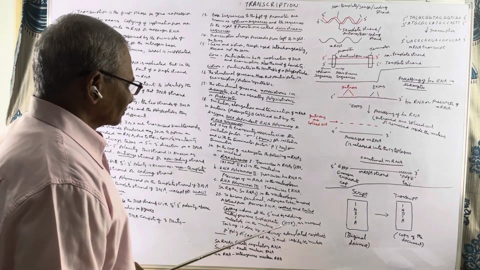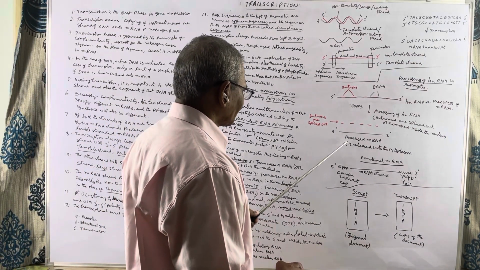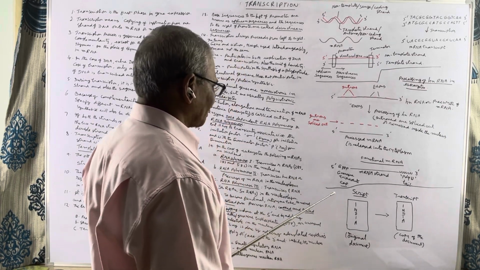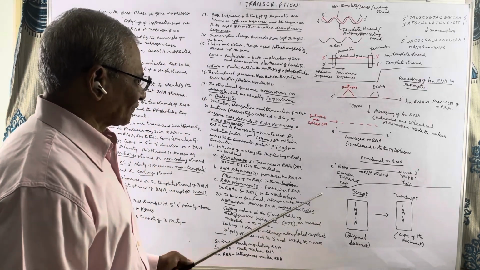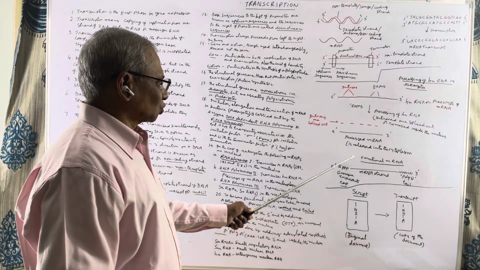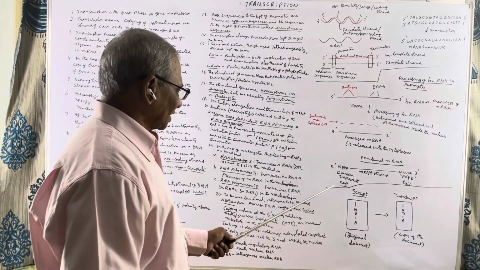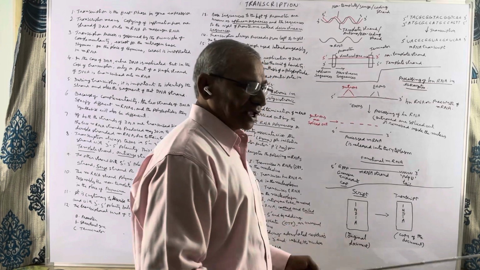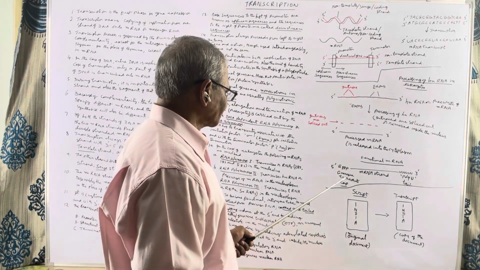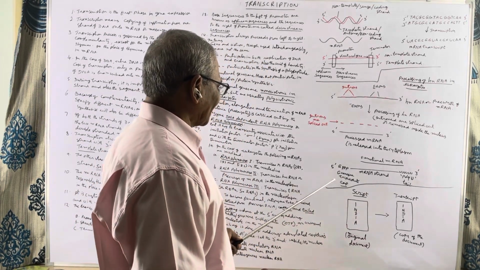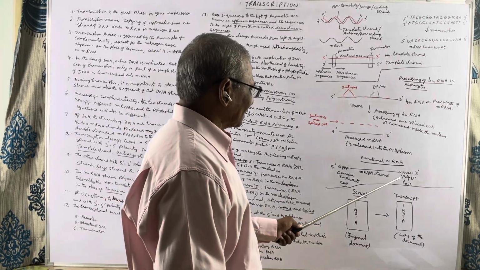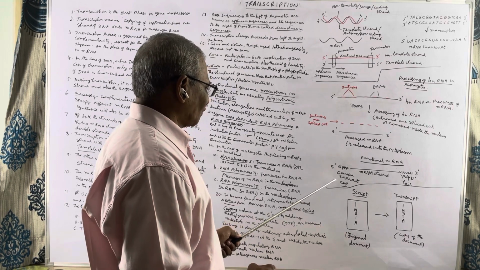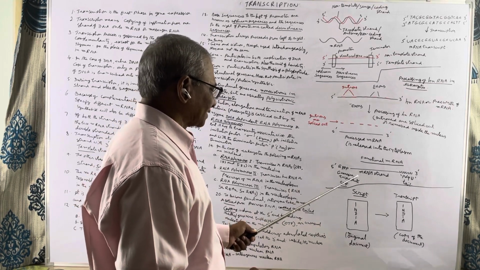Then, after the processing of mRNA, there is one more step remaining to make it functional. To make the mRNA functional, a cap has to be added at the beginning and a tail has to be added at the end. Cap is added at the 5 end, tail is added at the 3 end. Cap is added in the form of guanosine triphosphate.